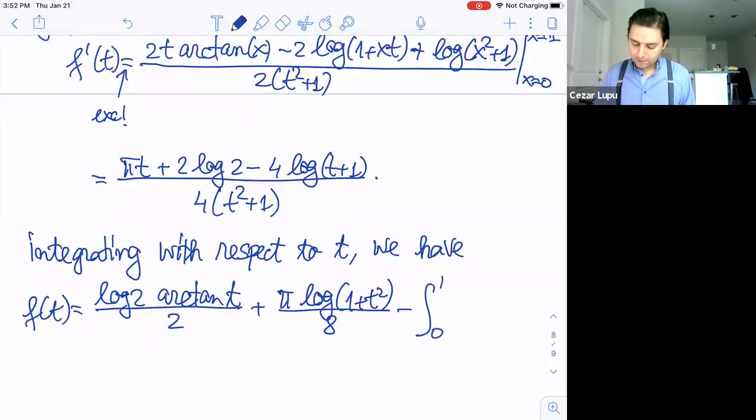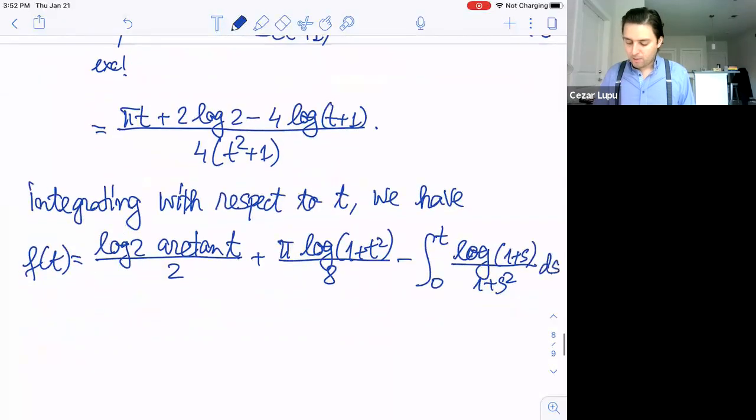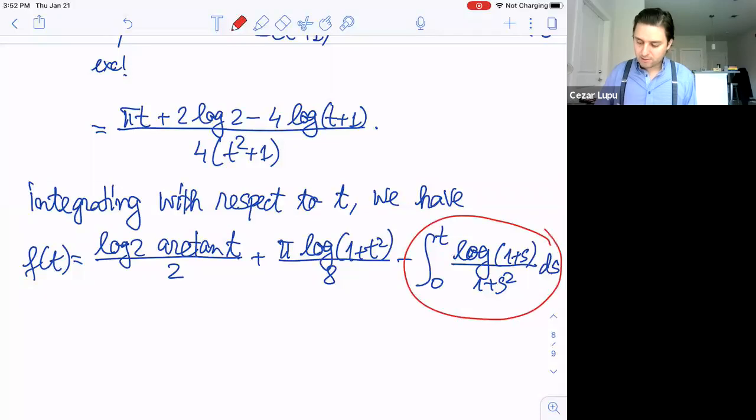Wow, that's nice. The integral from 0 to t of log of (1 plus s) over (1 plus s squared) ds. As you can see now, this is nothing else than just our integral, which is absolutely great, right? And now let's evaluate at t equals 1, because that's what we're interested in.